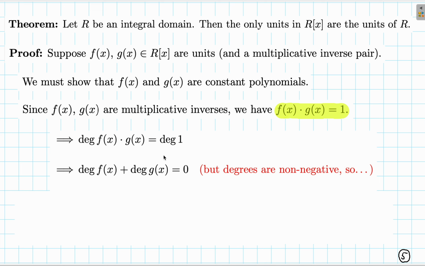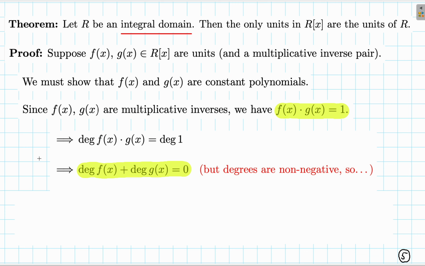And the next step is where R being an integral domain comes into play, because we saw earlier that in that case, the degree of the product of these polynomials is equal to the sum of the individual degrees. And we also know that the degree of the constant, such as 1, a non-zero constant, is equal to 0. And therefore, we have this equality, degree of f(x) plus degree of g(x) is equal to 0.